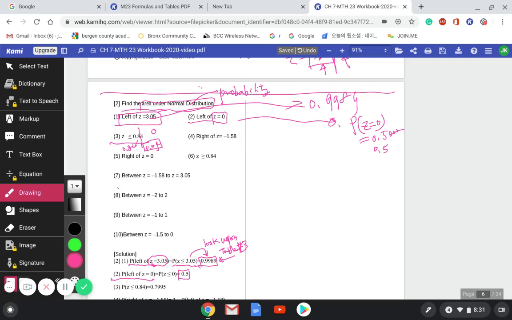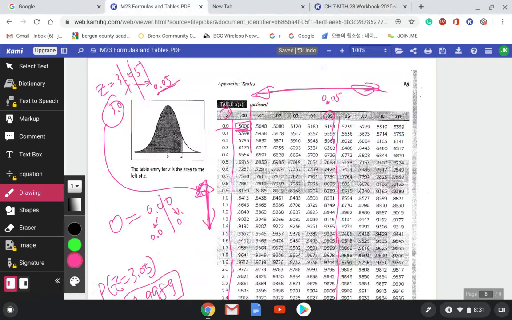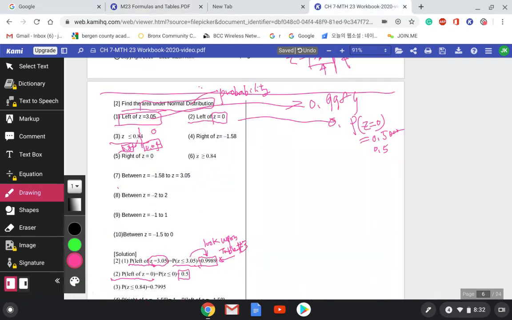You separate it into these two, and then go to table number 3, 0.8 with a 0.04. Wherever it meets, you get 0.7995. That's how you find the probability. So that's when you have the normal case, or left side, that's how you do it.